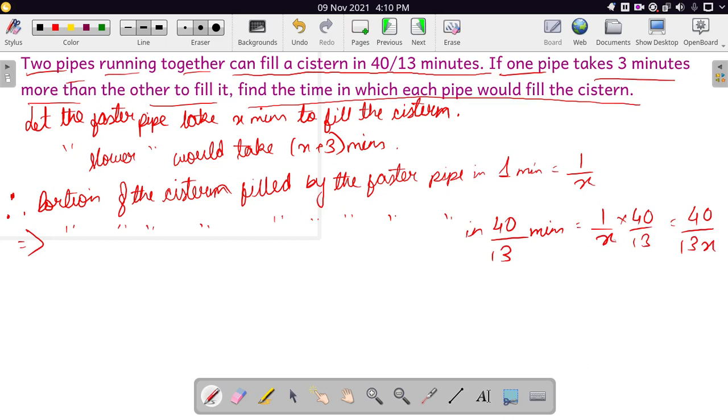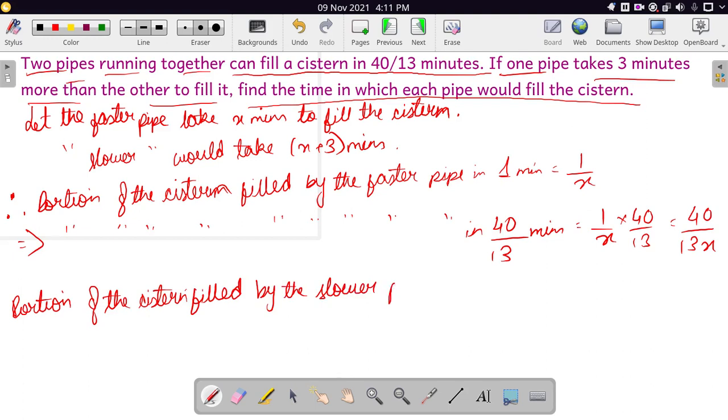Now similarly, portion of the cistern filled by the slower pipe in 40 by 13 minutes.